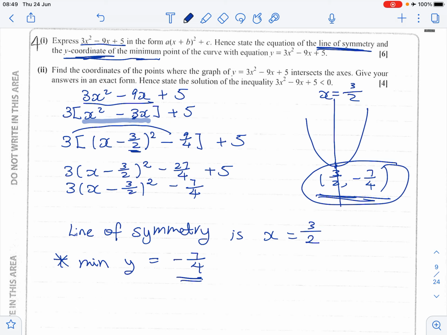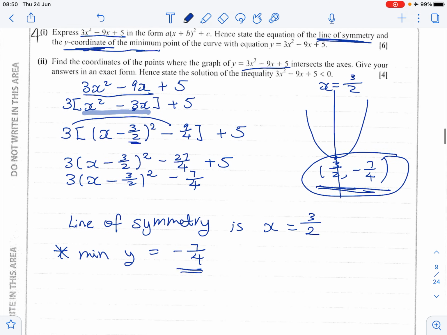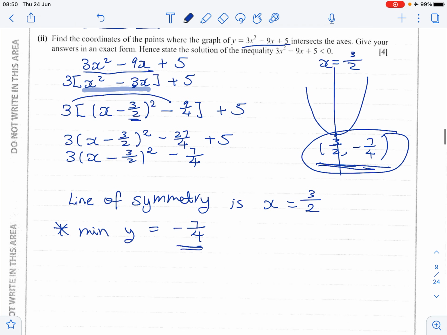So part 2, find the coordinates of the points where the graph intersects the axes. Give your answer in exact form. So firstly, I want to find out where it intersects the y-axis.